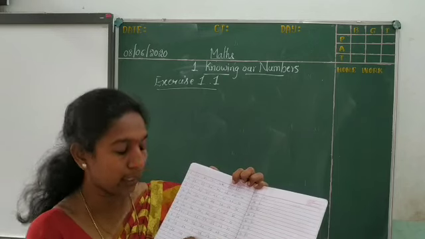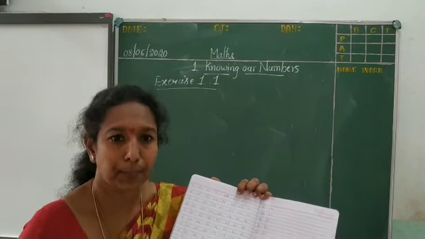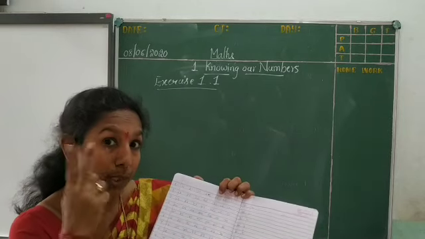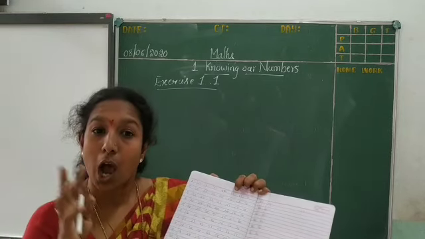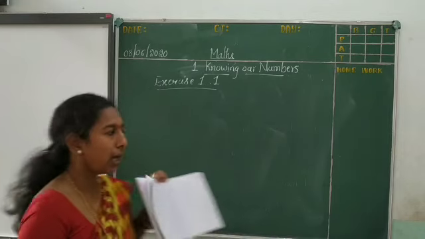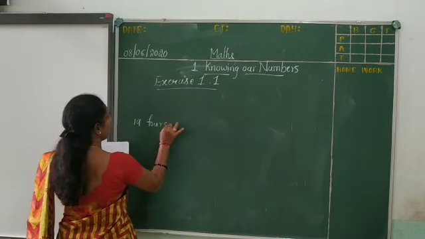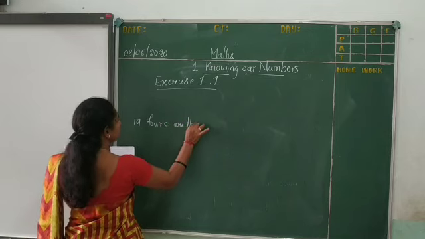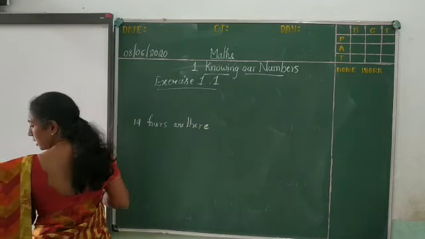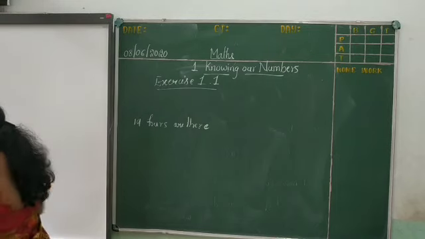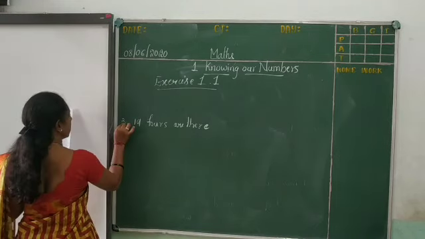So these 10 fours are in the tens place. Here 44 counts 2 times. So how many 4s are there? There are 19. 19 4s are there here. So this is the third answer.